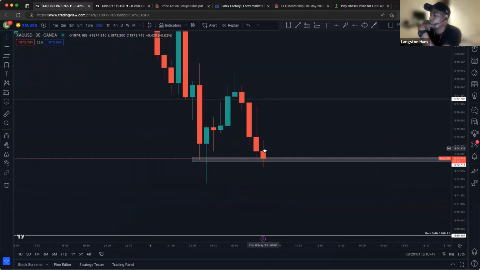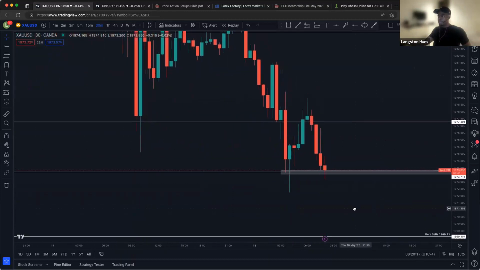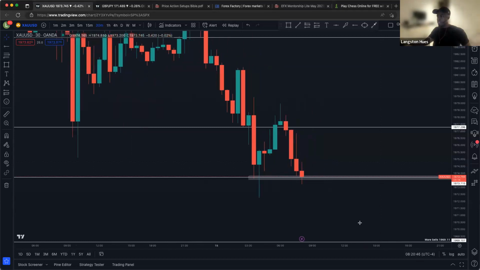I need to see this bullish, indicating potential support formed, in order to take a position for a news trade. Might get it. Let's see.